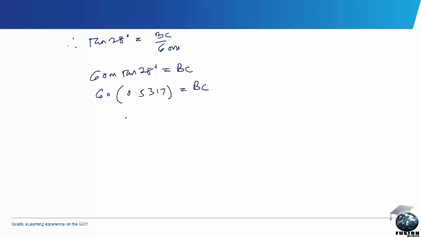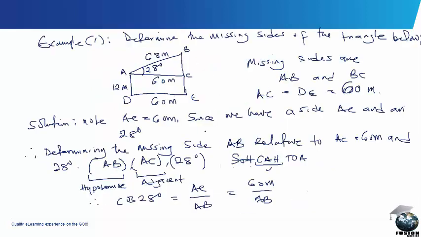And so when you multiply these two, you have 31.9026 equal to BC, which we can approximately write as BC is equal to 32 meters. So we can go back to our triangle and denote BC as 32 meters.